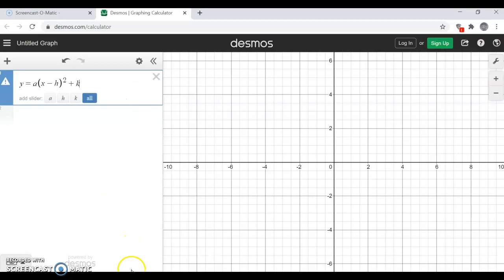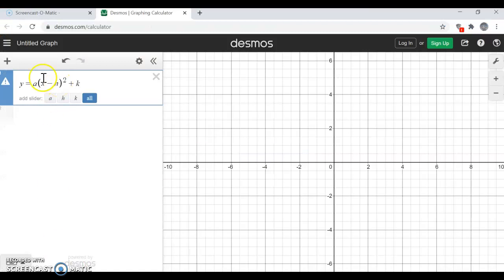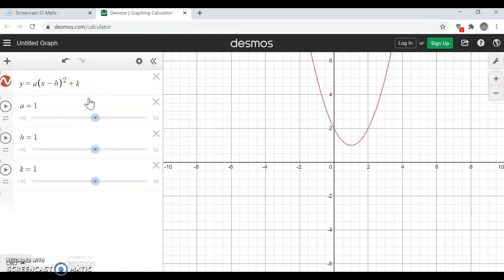Now the next thing it says in these instructions here is to add a slider. Underneath that equation, we have the option to add a slider for h. Let's see, that should actually be a, h, k, or all is available. We want to select all. So come back to Desmos. This one here that says all, that's the one that we want.